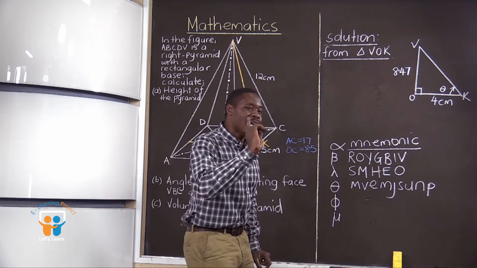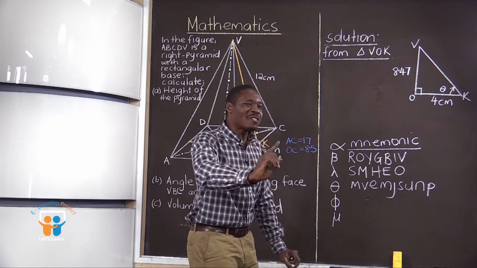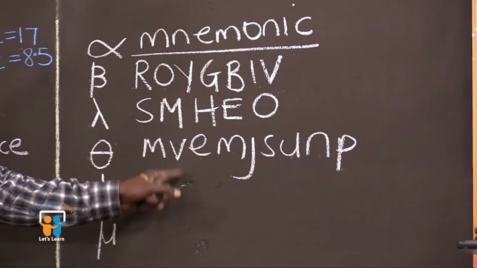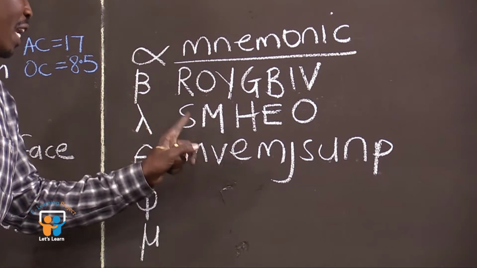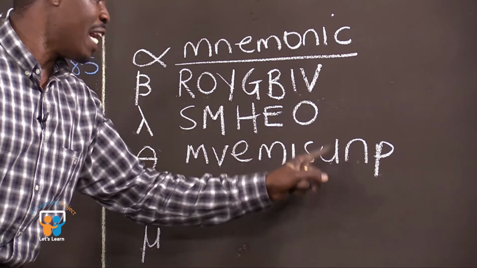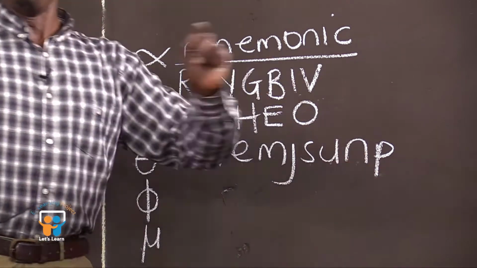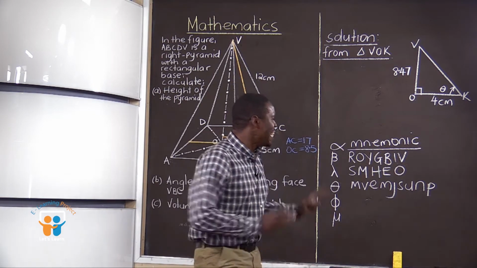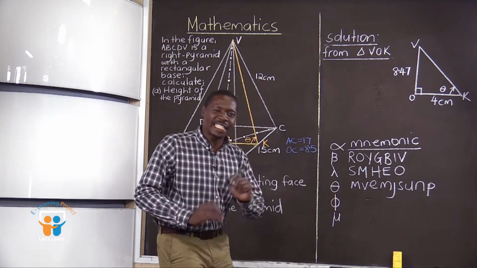It helps us to remember the planets of the solar system: Mercury, Venus, Earth, Mars, Jupiter, Saturn, Uranus, Neptune, and Pluto. I'm sure people must be happy out there. These are what we call mnemonics.